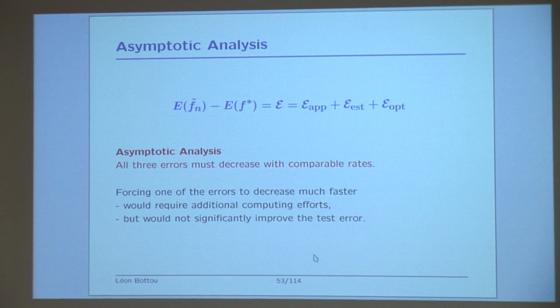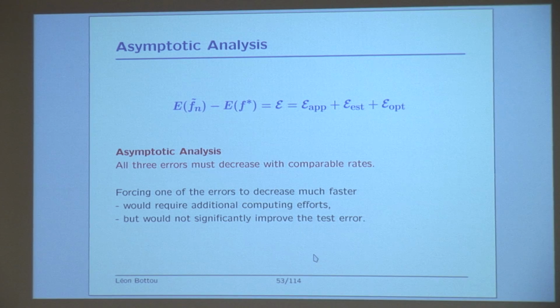So the simplest way to analyze this is to look at the asymptotics. So we have this decomposition of the excess error. The excess error I'm making by using this approximate optimization on this training set, on this family of functions, minus the optimum, is the sum of three terms. And the key of the asymptotic analysis is that we should decrease all these terms with comparable rates.